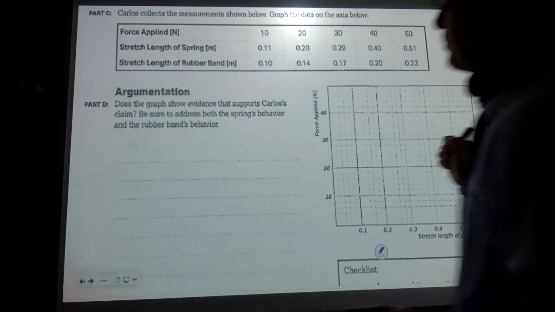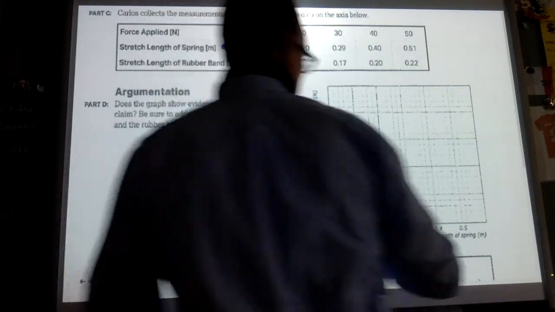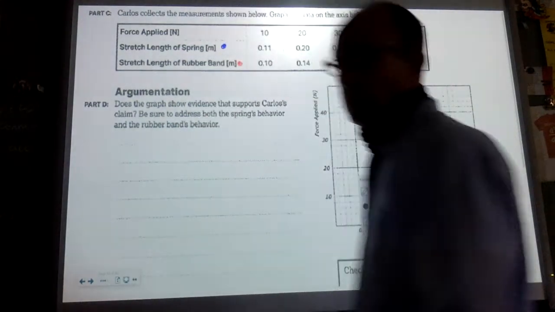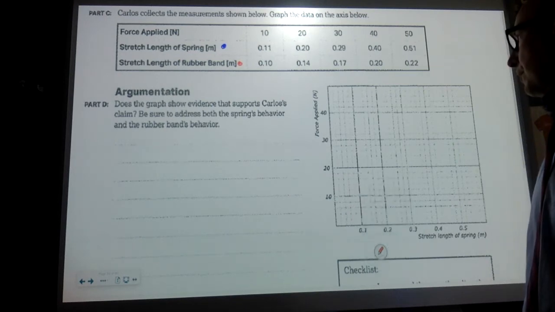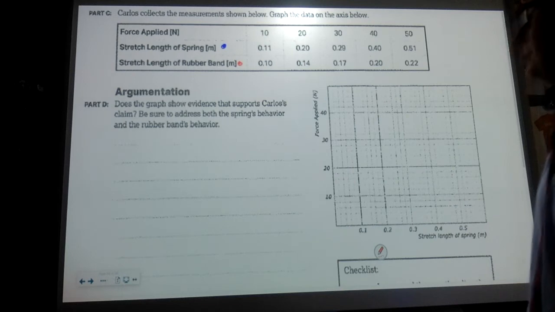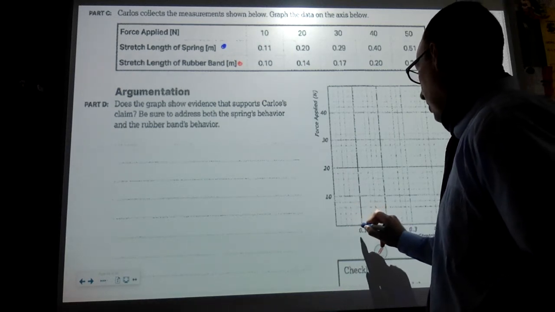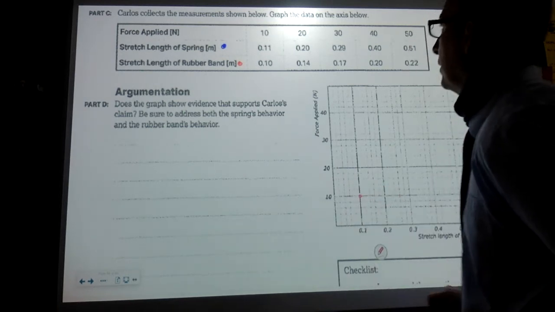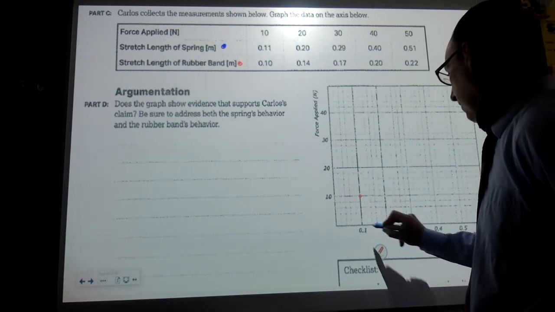Okay, so I'm going to make a key. I'm going to make the spring blue, and I'm going to make the rubber band red. So the force applied of 10, for the rubber band, it stretches 0.1. So 0.1 comma 10. For a force applied of 20, it stretches 0.14.